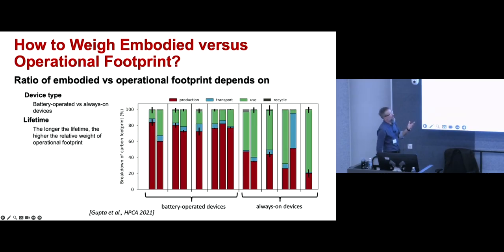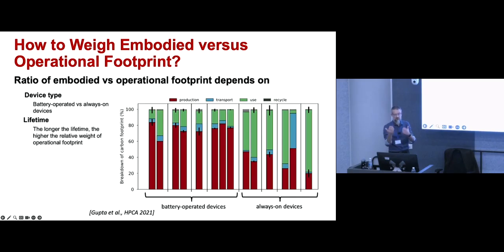It also depends on the lifetime of a device. Obviously, if we extend the lifetime of a device, then the relative contribution of the embodied footprint will go down. I had a discussion earlier with Anna. Extending the lifetime of servers would decrease the relative contribution of the embodied footprint compared to the total footprint.